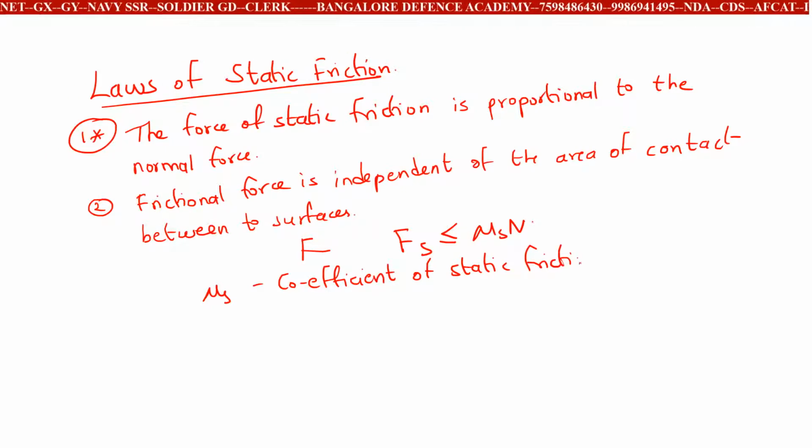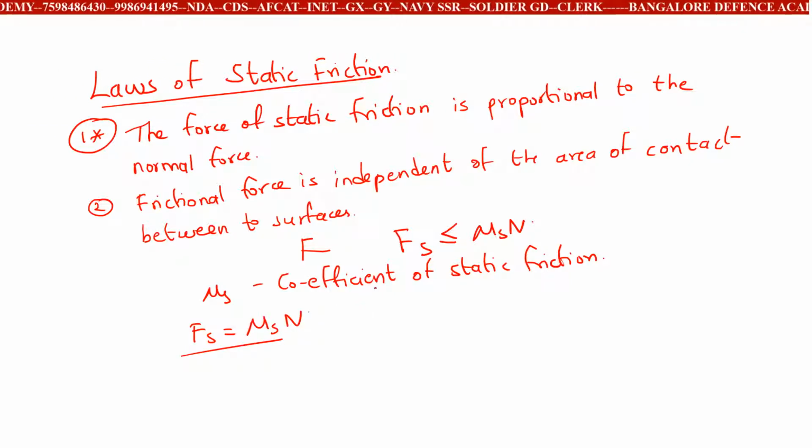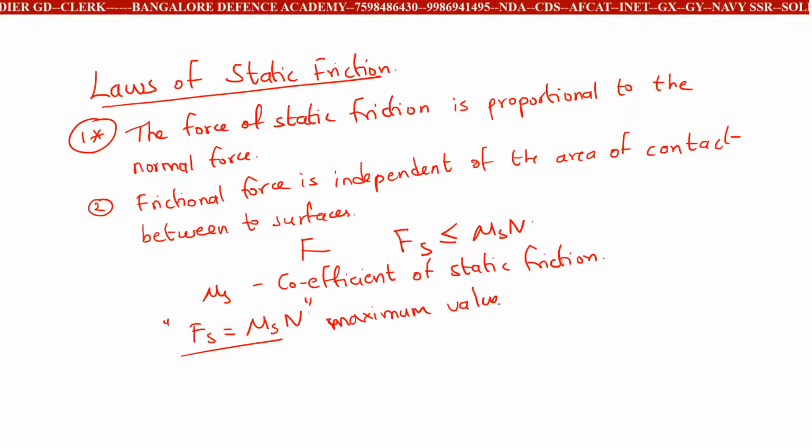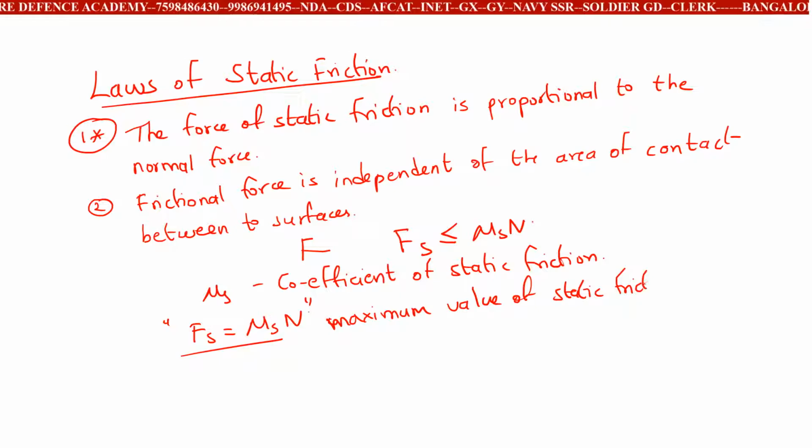Fs will be maximum, a very important point: the static force will be maximum when it has the maximum value. This is the formula you are going to use for the maximum value of static friction. So these are the important points that you need to keep in mind when it comes to laws of static friction.